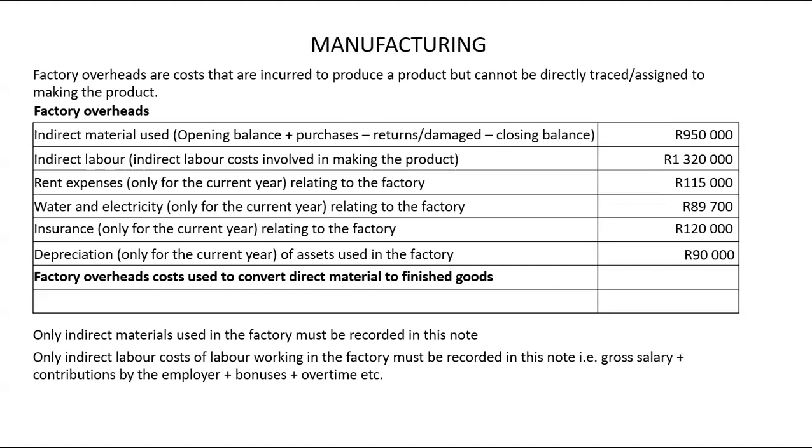So that's why we say indirect, we're going to add those costs here, because those are the losses. We will have to include them in the cost of the remaining stock that we are going to sell, so that we don't make a loss after all.